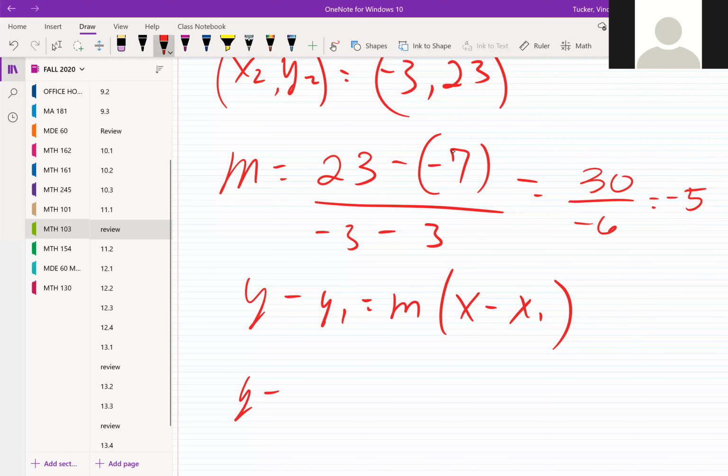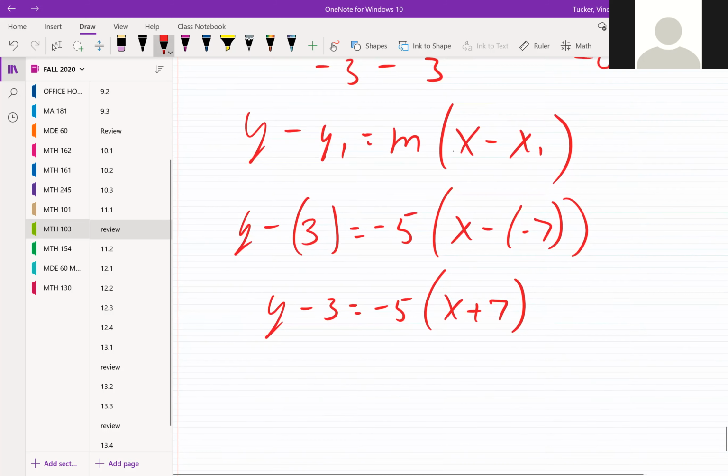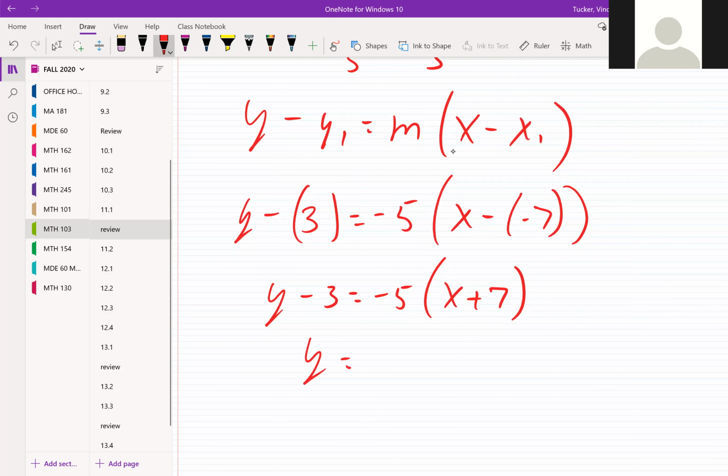Then after that, I plugged in y minus 3 equals m, and then I put x parentheses x minus parentheses -7, and then I did y minus 3 equals -5 parentheses x minus parentheses -7, and then I put y minus 3 equals -5x minus 35. Am I correct so far? Yep.